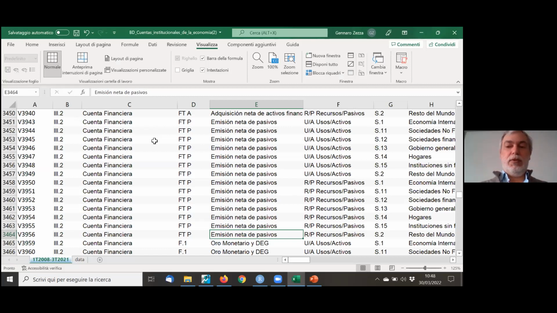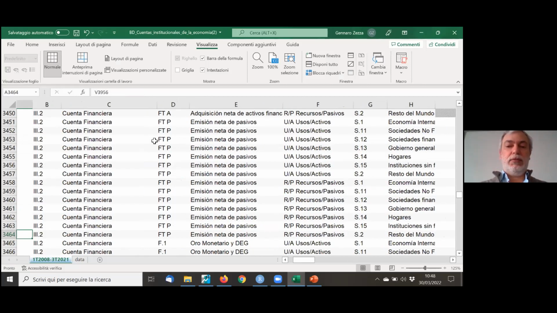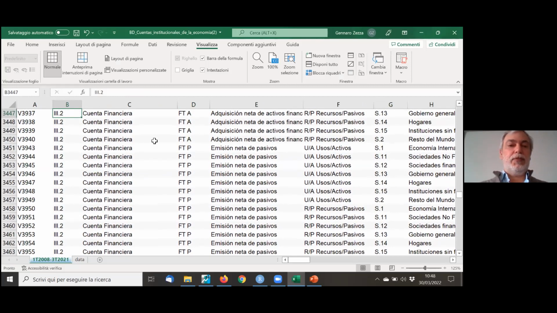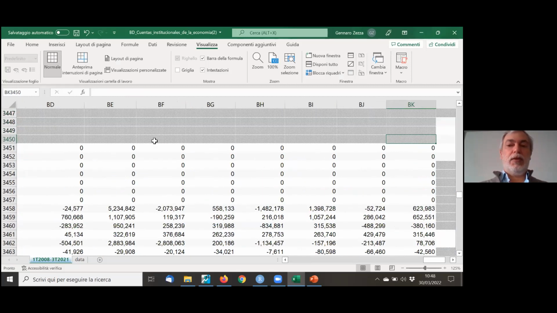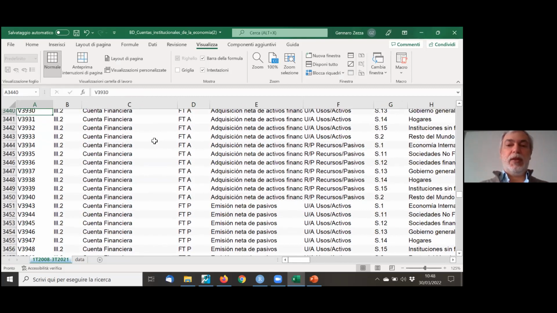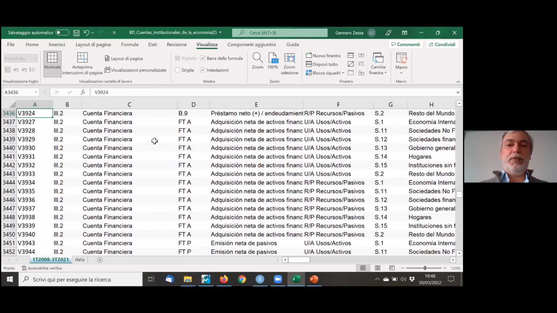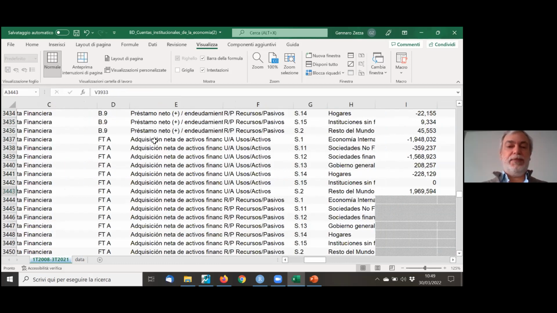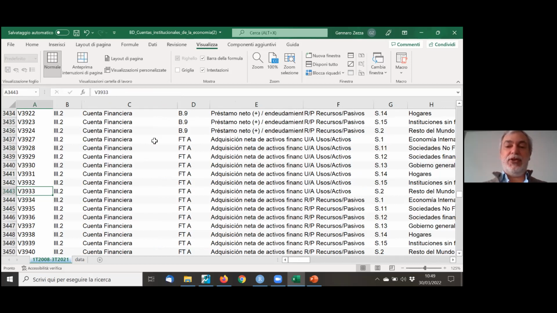D3940 is empty. This is because they're publishing only the net change.